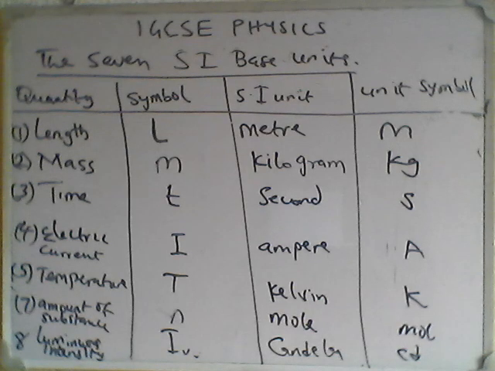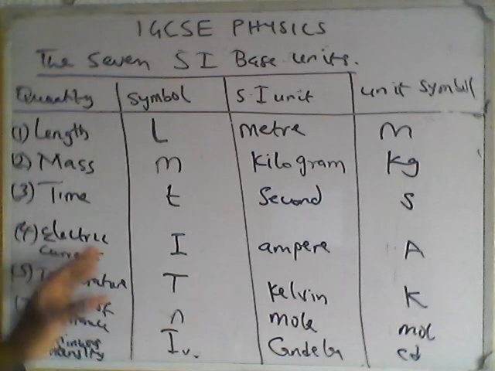So all other quantities, like speed, like force, energy, are derived units. That means that they are derived from a combination of these. We need to build this from the base.